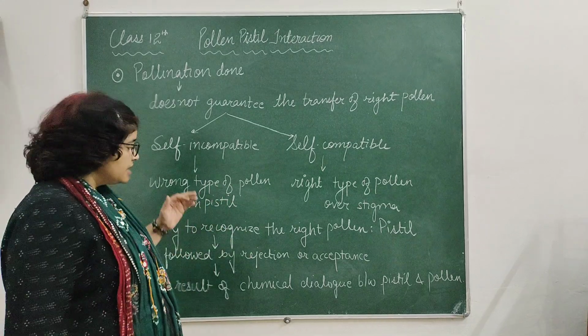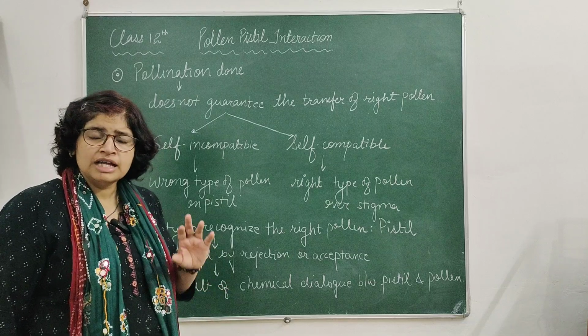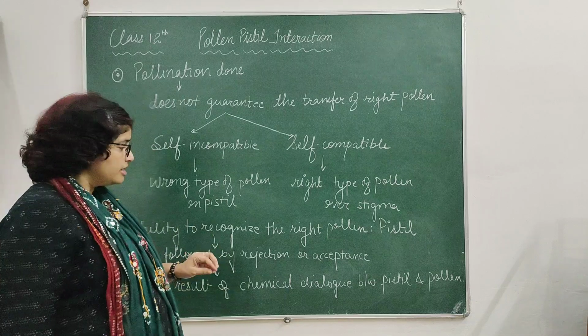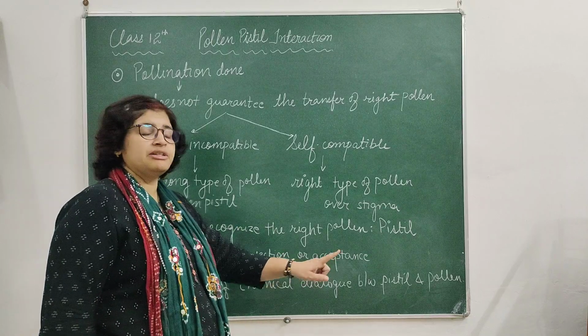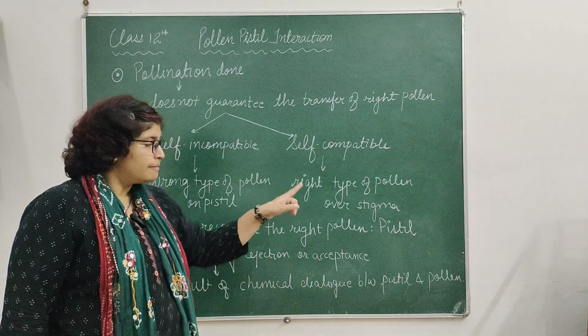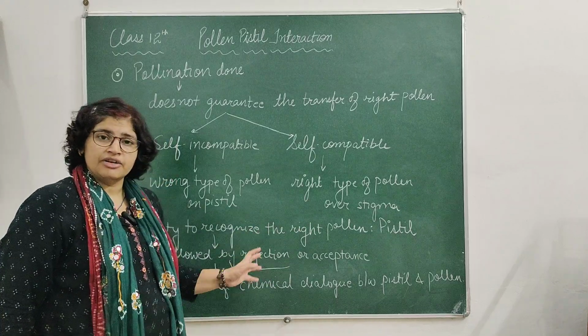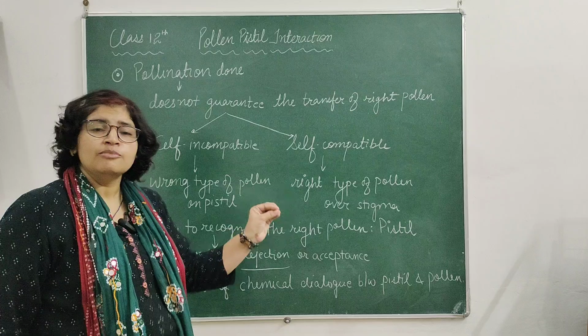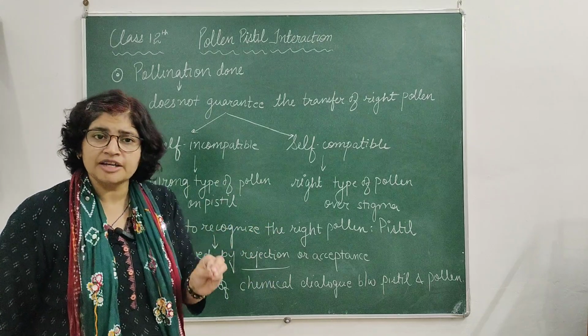After the identification of the type of pollen, it will be followed by whether the pistil will reject that pollen or accept that pollen. If the pollen is not from the right species, the pistil will follow the rejection procedure. It will reject that pollen. That means pollen germination will not occur over that particular stigma.